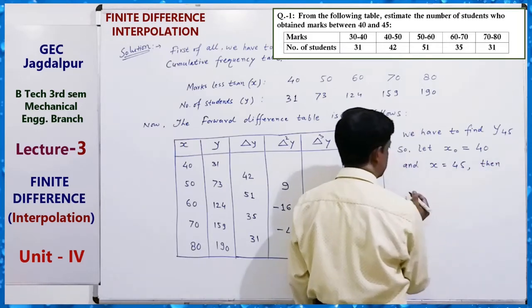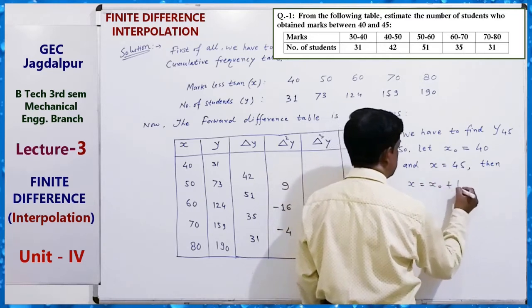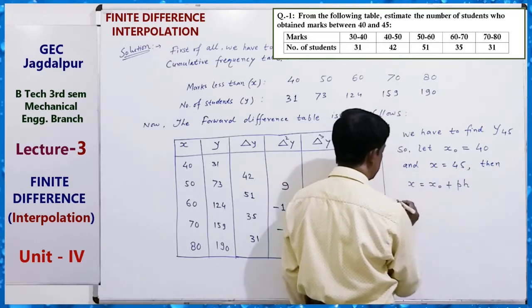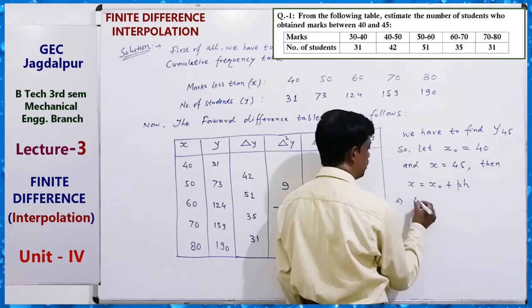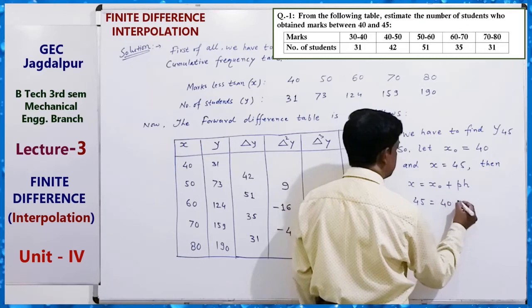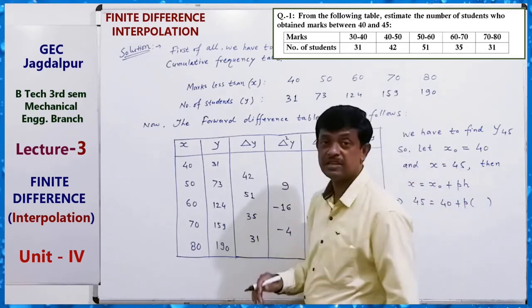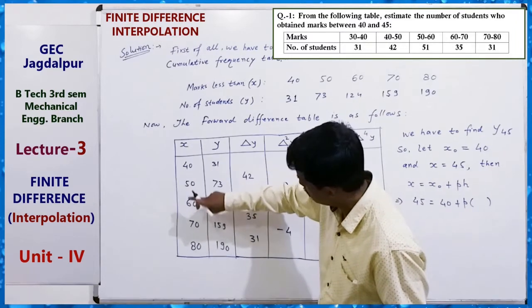Then x equals x0 plus ph, implies 45 equals 40 plus p into h. h means interval of differencing. 40, 50, 60, 70, 80.